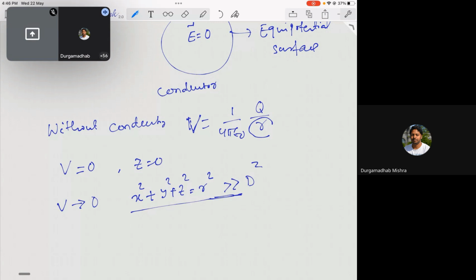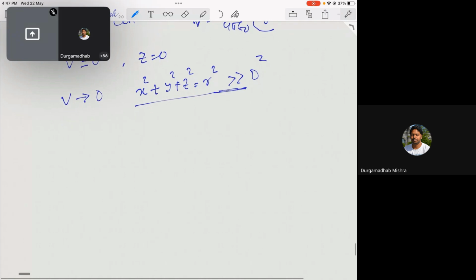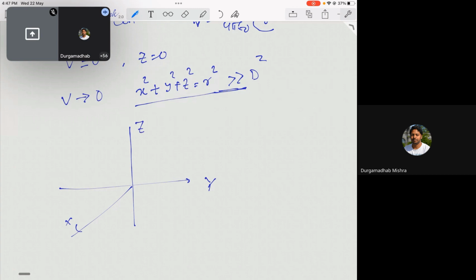But let's look at a completely different problem. I'm defining the axes here for convenience: x, y, and z. I have placed this charge q at a distance d.